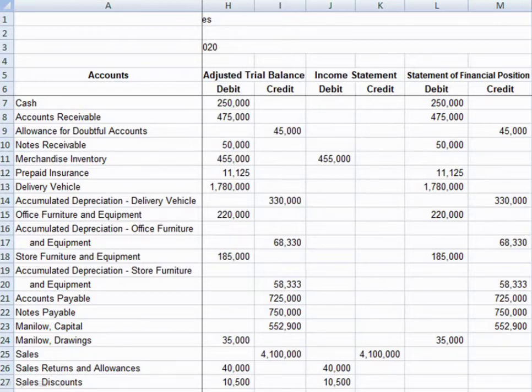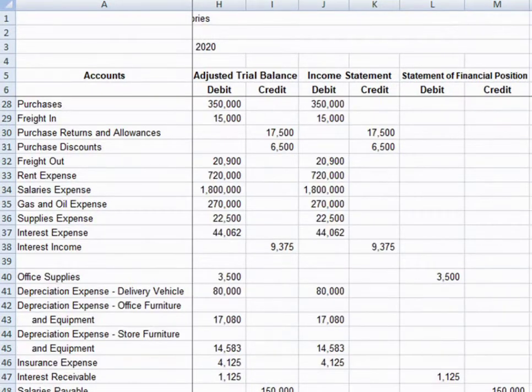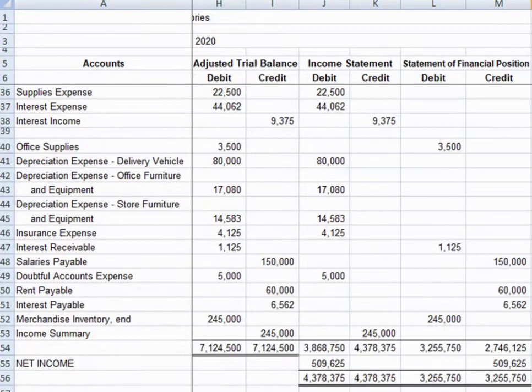This is the worksheet of the business, at least part of the worksheet. As you can see here, I have intentionally hidden the first 4 money columns for better viewing of this presentation.